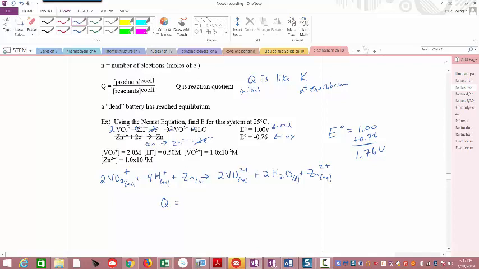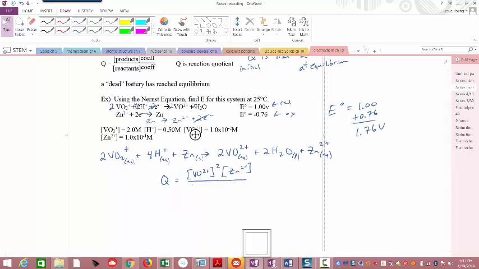Q is just like K. Products on the top, coefficients become exponents. Reactants on the bottom, coefficients become exponents.